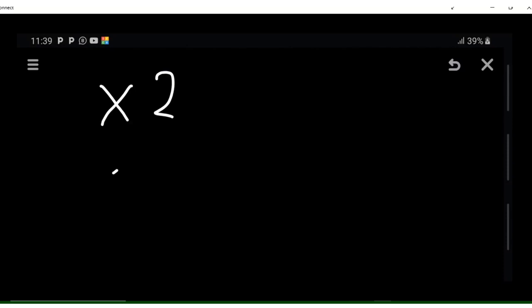As long as at one point you have 0.5, you multiply every subscript by 2.